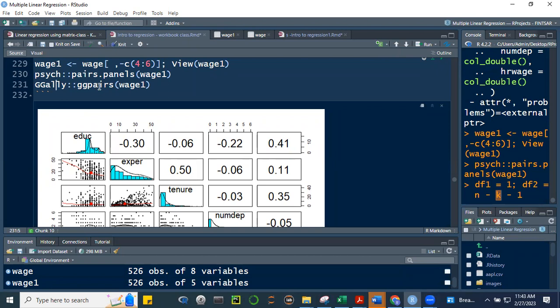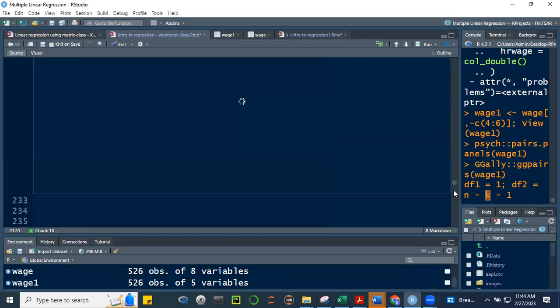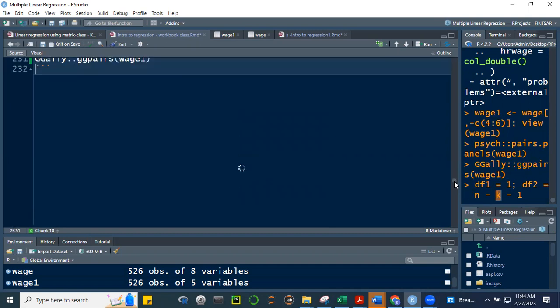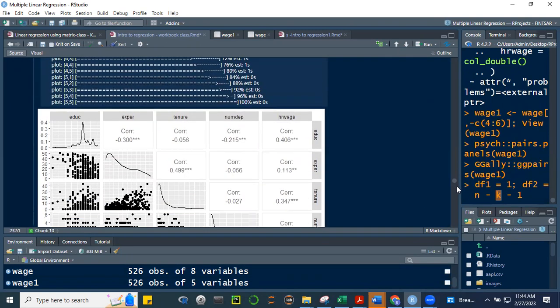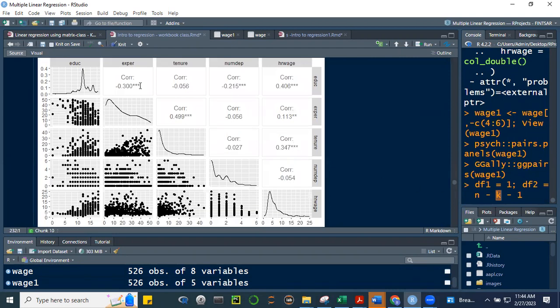And then we can use the ggpairs function ni GGally. Okay, let's run this. Okay, and then we can see here, similar lang sa pairs.panels, kaso dito, merong significance.